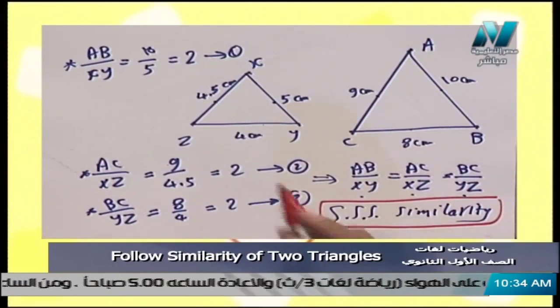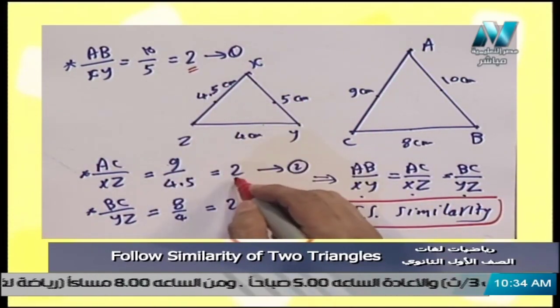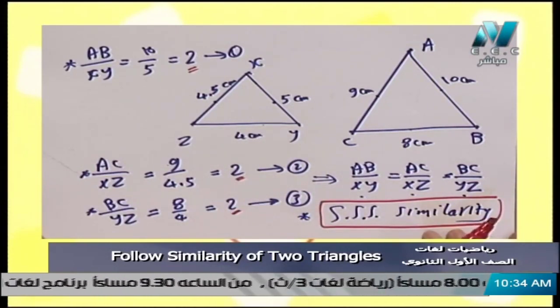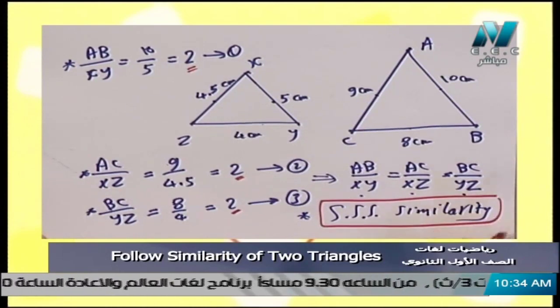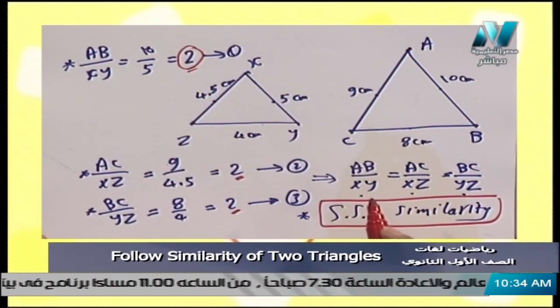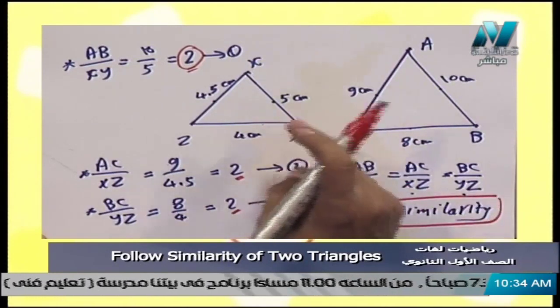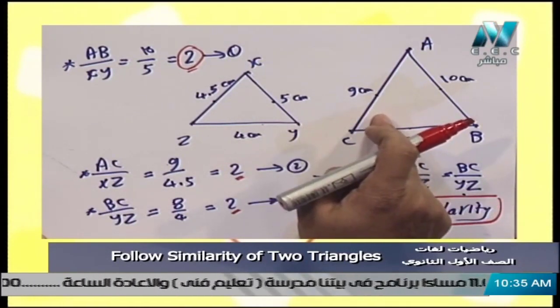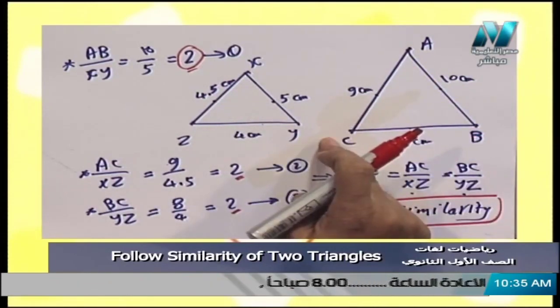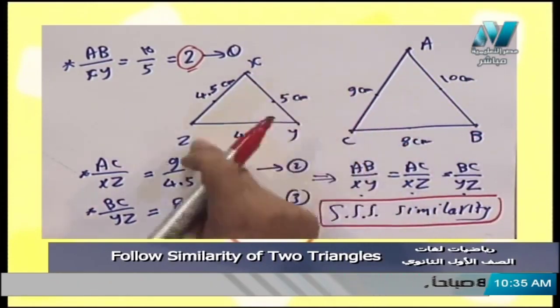And we know that 2 here is called the ratio of similarity. Because it's greater than 1, this triangle will be an enlargement of the other. Triangle ABC here is an enlargement to triangle XYZ.